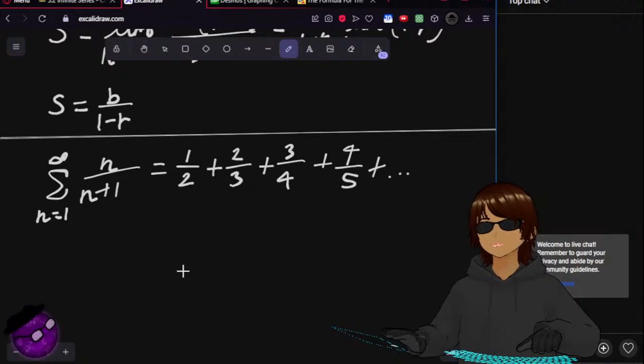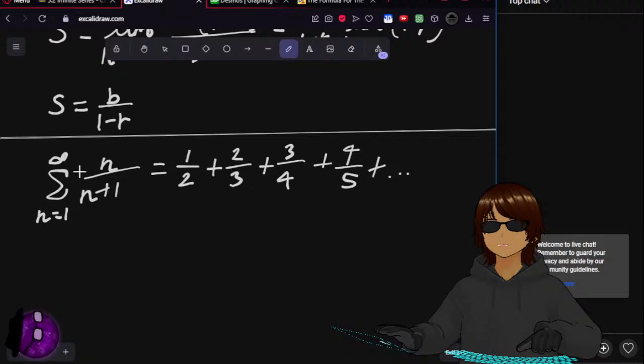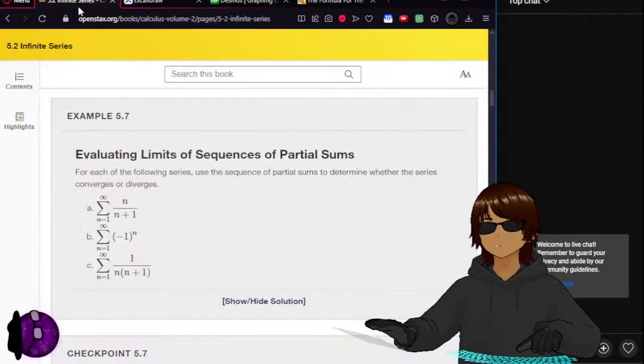Wait, in order for a sum to converge, the term has to go to 0 when n tends to infinity, right?